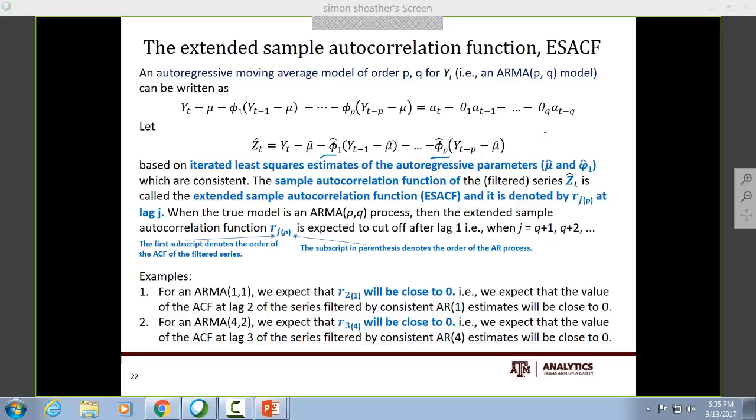And you'll see that SAS typically does this up to p equals 5, unless you tell it something else. Basically what this is doing is saying, I'm going to adjust out the AR piece and then I'm going to look at the MA piece. And then I'm going to be able to look at both together.